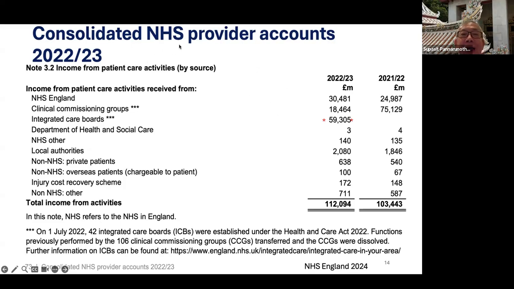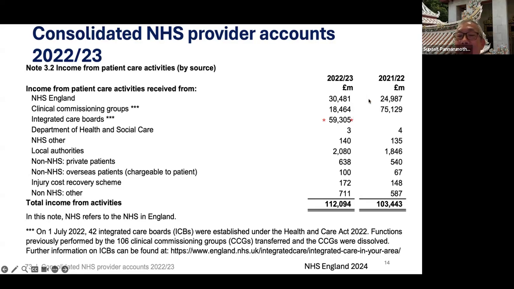and this is the approved account within the NHS for the year 2022 to 2023, with the line of the integrated care boards, the expenditure of integrated care specified by the NHS.